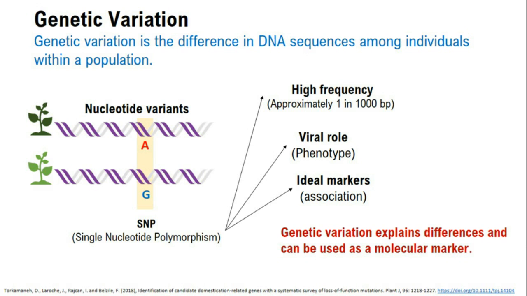As they can affect the phenotype, we can use them as markers. So we can associate these genetic variants with the phenotype of interest and develop a molecular marker. As genetic variation can explain the difference, they can be used as molecular markers for diagnosis, for screening, and also for breeding.